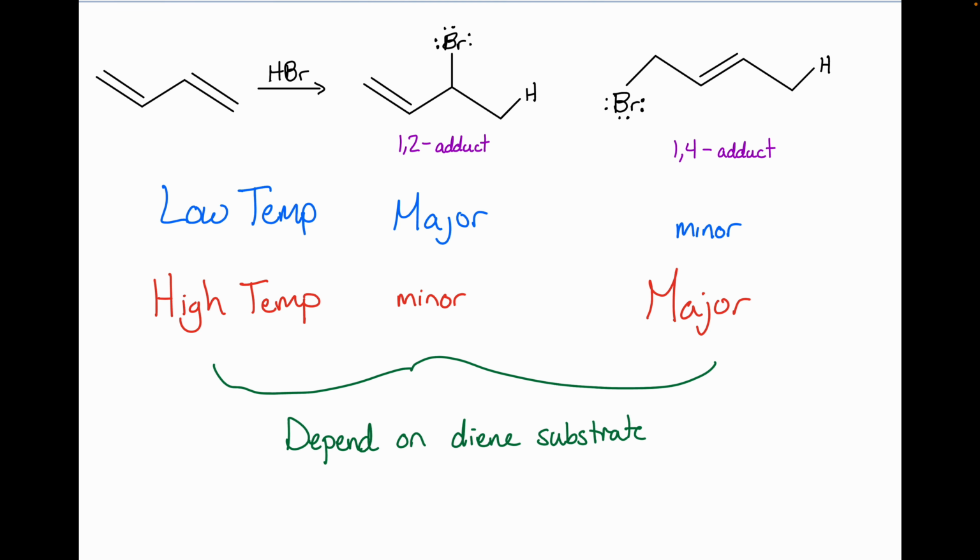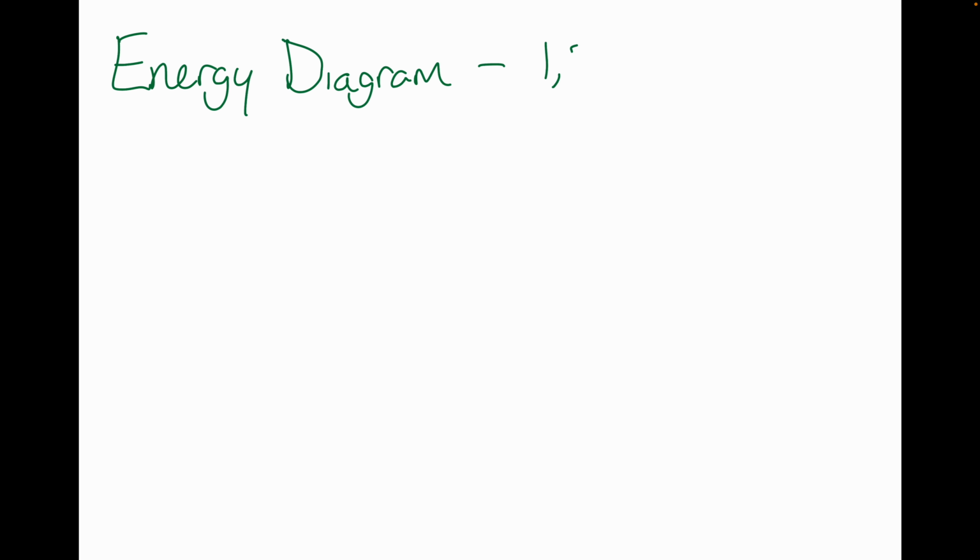All right, and to do that, we're going to turn to our energy diagrams. And we're going to note that this is specific for the 1,3-butadiene, or we can say electrophilic addition too.